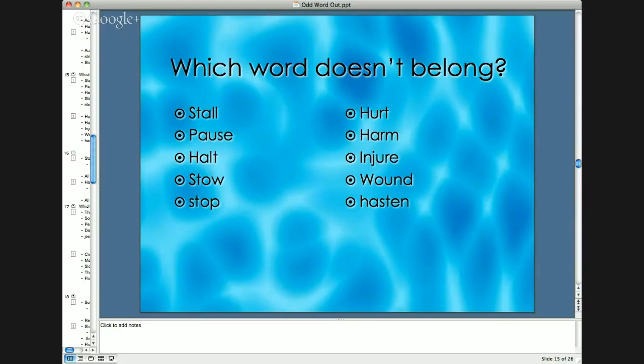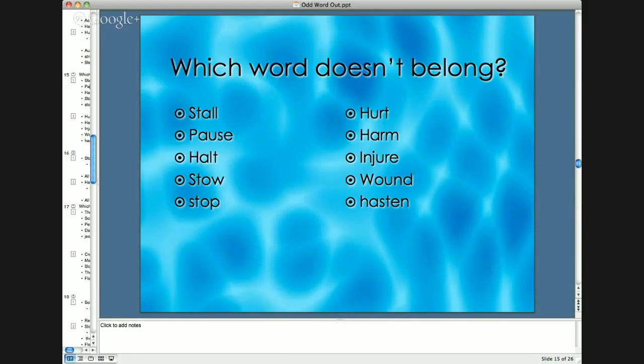What about hurt, harm, injure, wound, hasten? Well, we know what injure means, right? When we have an injury, that's not a good thing. Usually when we have an injury, it hurts, right? It gives us pain. A wound is similar, right? This is a bruise or injury on our body.